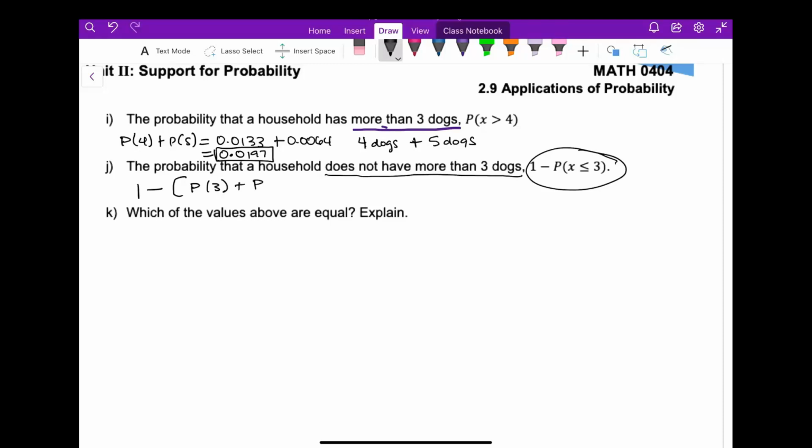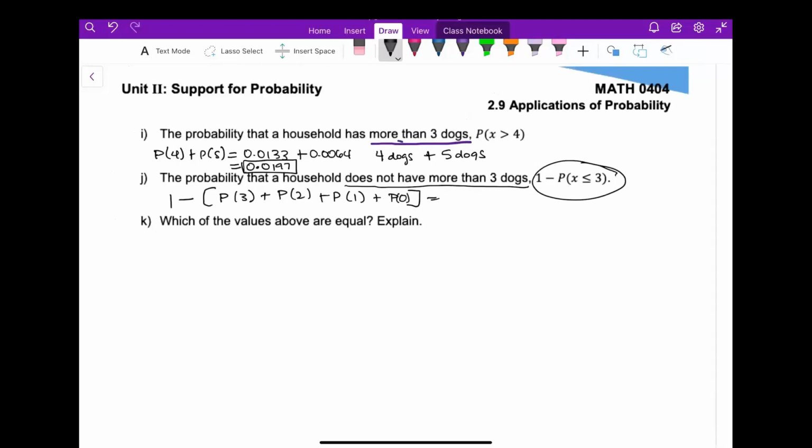It's going to include 2. It's going to include 1. And it's going to include 0. So we need to add up the 3, the 2, the 1, and the 0 before we can subtract it from 1. So let's find these values.